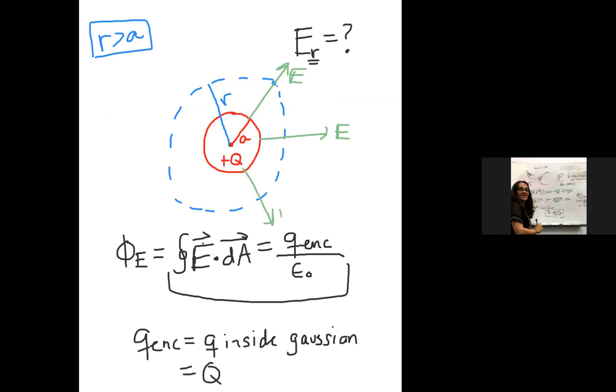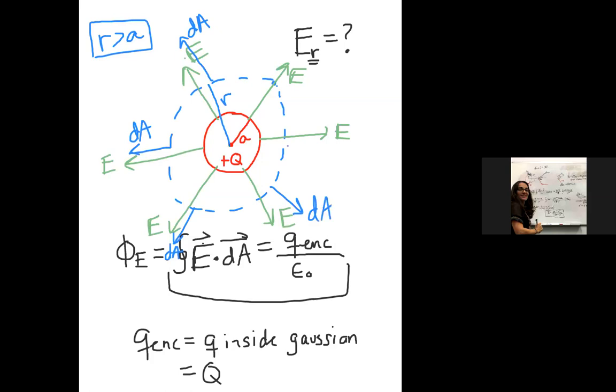I know we're doing this ad nauseum, but trust me, having a good Gauss's law foundation will take you a long way. Okay, so there's all my E fields, and then let's do all our dAs in blue. This little surface element points in the same direction, same direction, same direction.